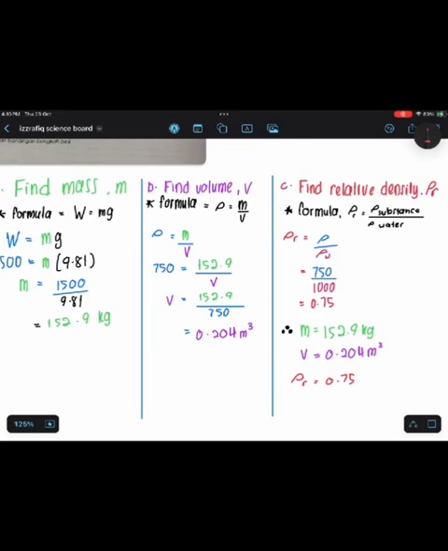For question B, we have to find the volume. We have been given the density and we have calculated the value of mass. So we will be using the formula density equals mass over volume.